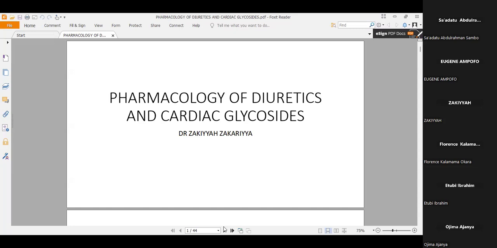The same thing applies to verapamil, flecainide, and propafenone. So the use of these antiarrhythmics in combination with digoxin is not really advisable. I don't know if there's anybody that can shed more light on this.